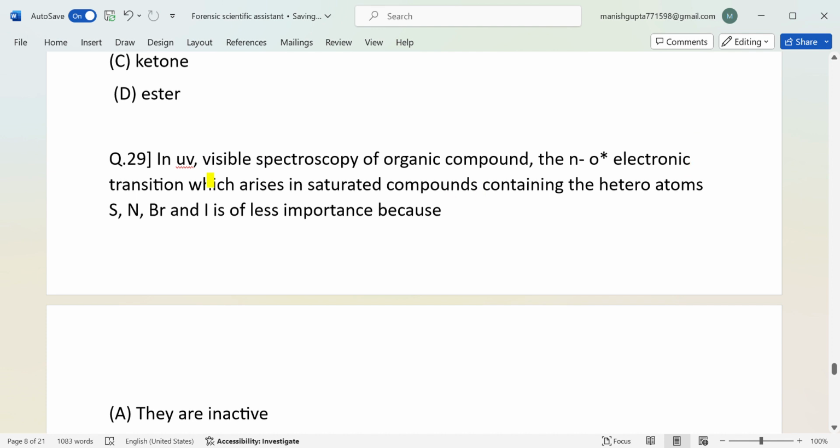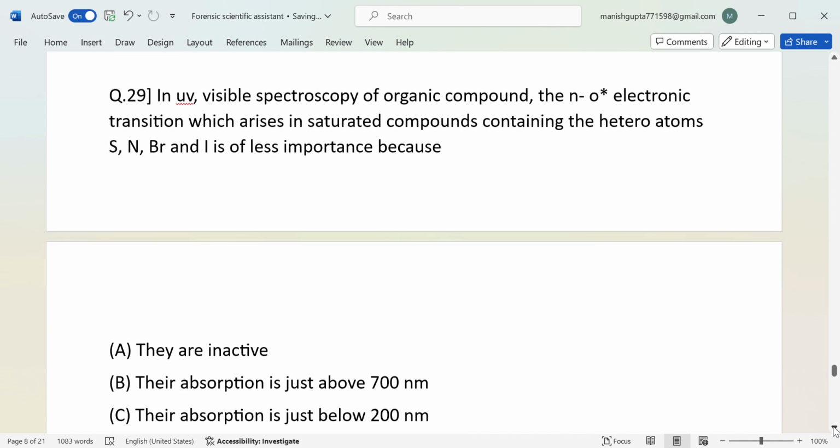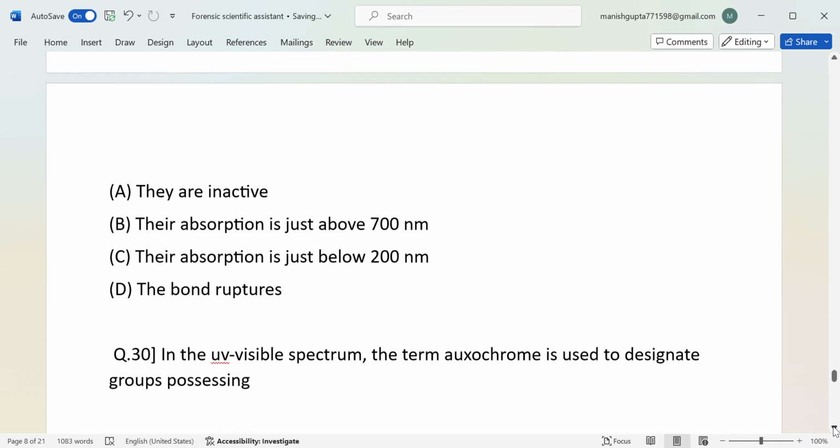So in question number 29, the n to sigma star electronic transition which arises in saturated compounds containing heteroatoms such as sulfur, nitrogen, bromine and iodine is of less importance because option A, they are inactive, option B, their absorption is just above 700 nanometer, option C, their absorption is just below 200 nanometer, or option D, the band is ruptured.